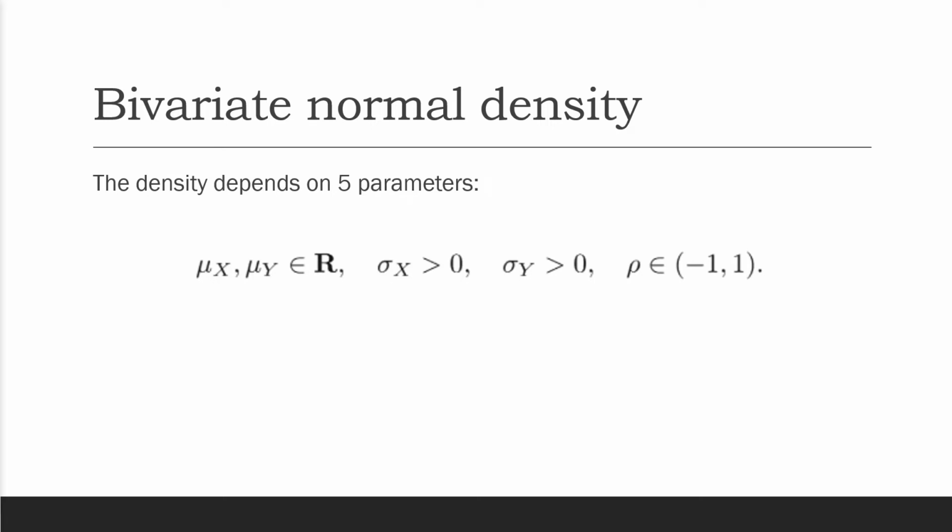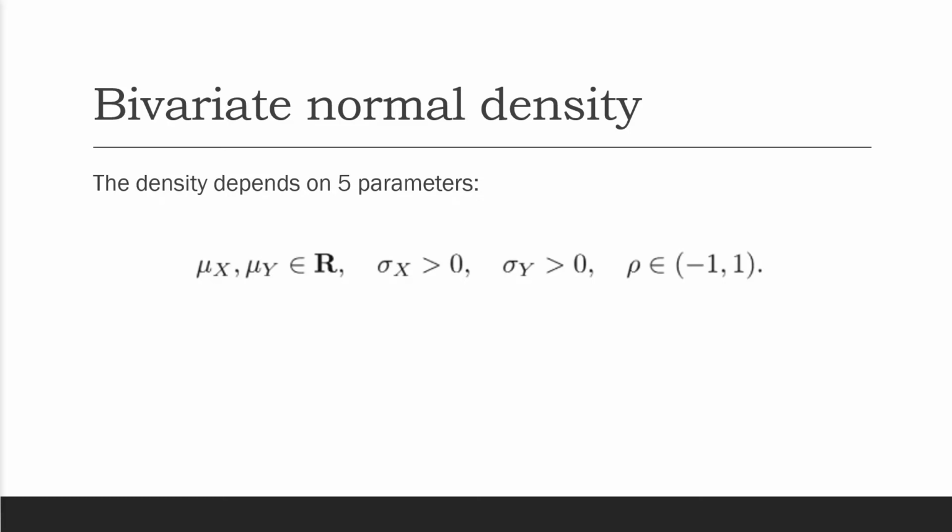Okay. So note that the curves in two-dimensional R where f of x, y is constant are given by circles if rho is equal to 0, or by elliptic curves if rho is not equal to 0.